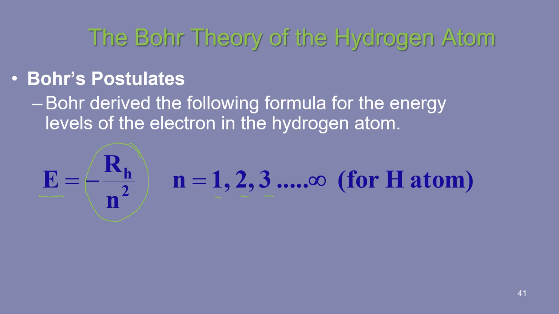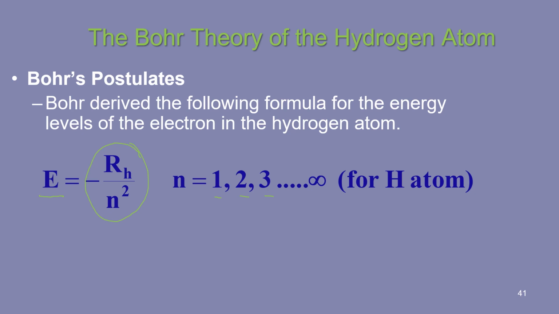It's kind of interesting that with the negative sign, we're getting less and less negative as we go up. Down at the bottom of the page, it's more negative, and then as n gets bigger and bigger, this number gets smaller and smaller, and so it becomes less and less negative. Eventually, you get to where the electron's being removed and the energy is 0.